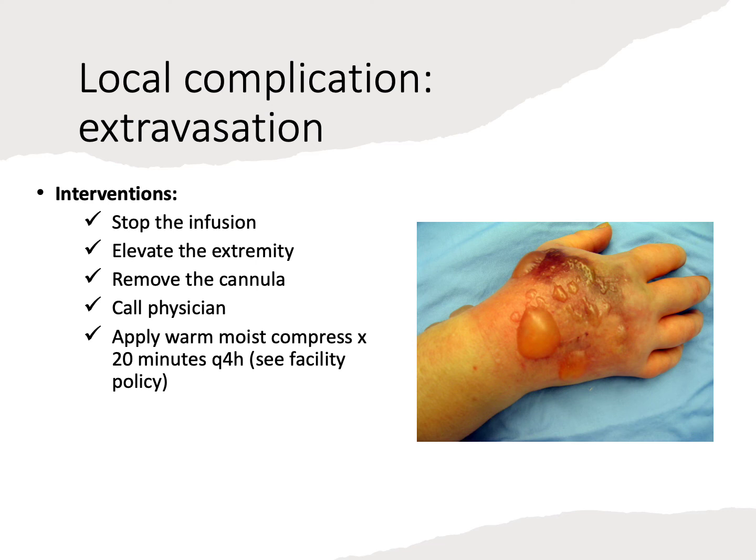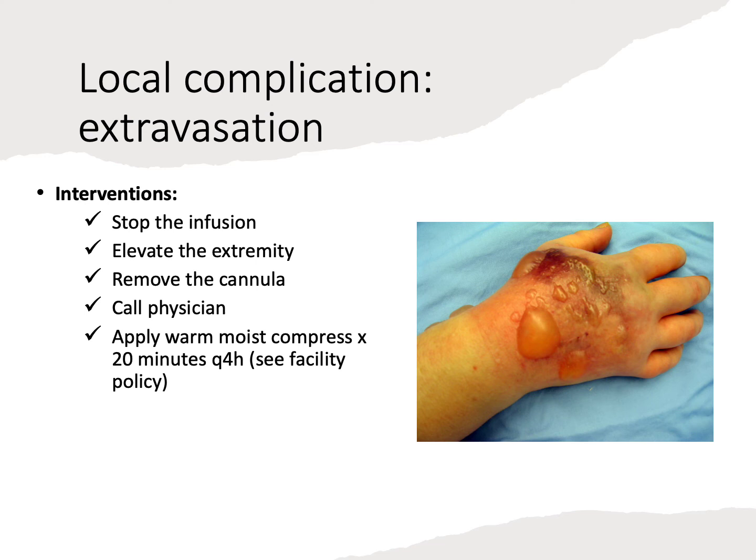Some prevention for extravasation I've already kind of hit on, but avoid veins that are too small or too fragile. Avoid veins that are in areas of flexion where that is going to be more likely to pop through the vessel, the cathlon. Avoid areas that have pre-existing edema.